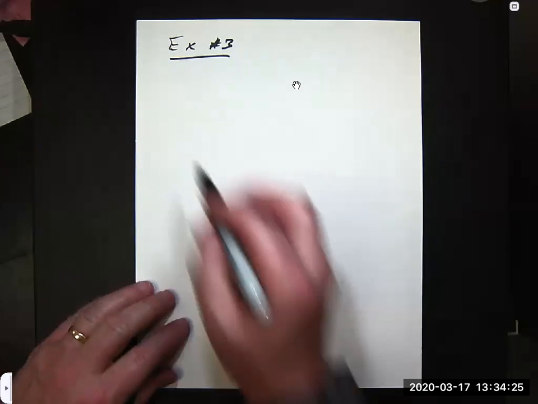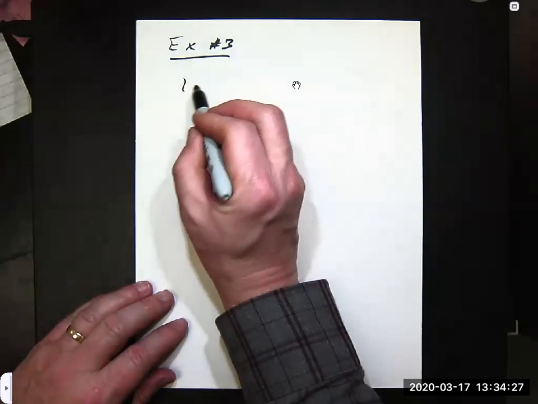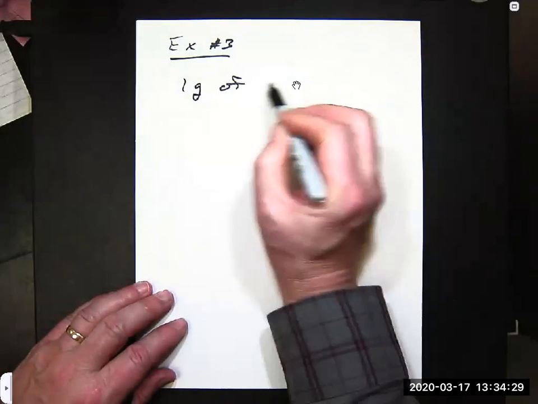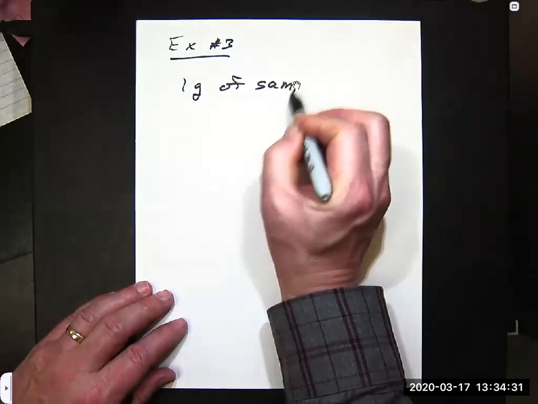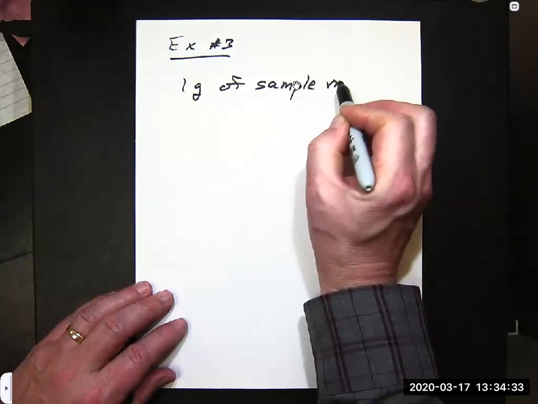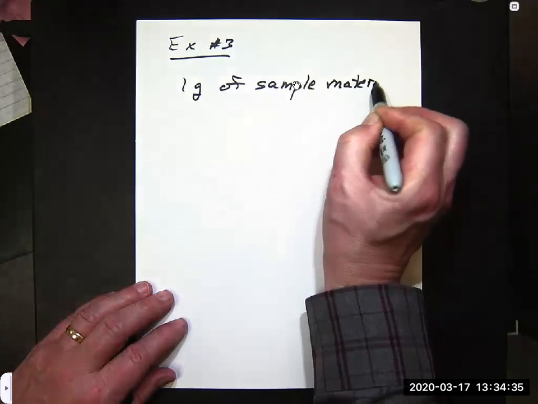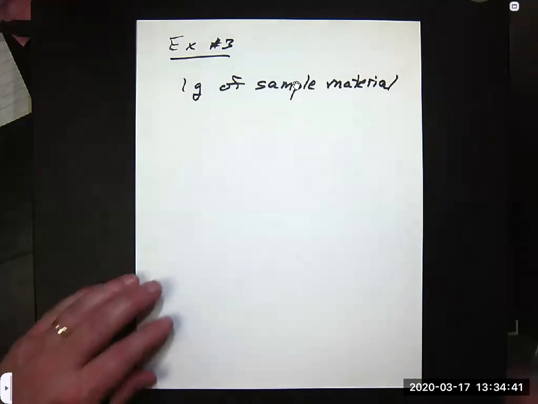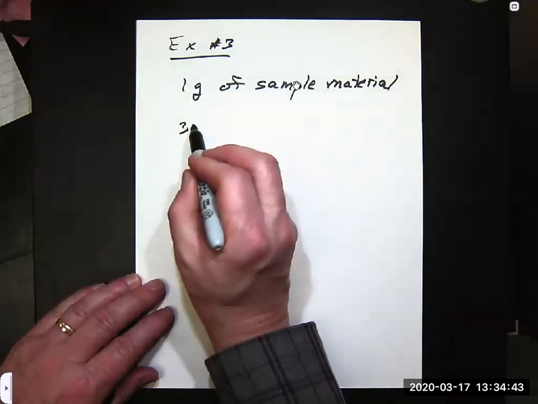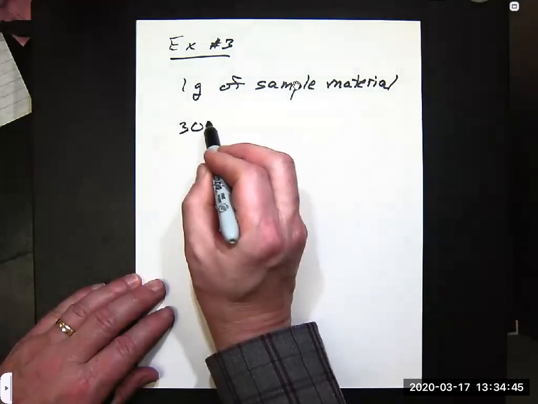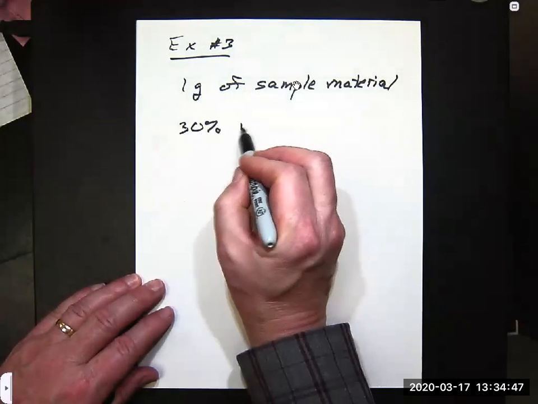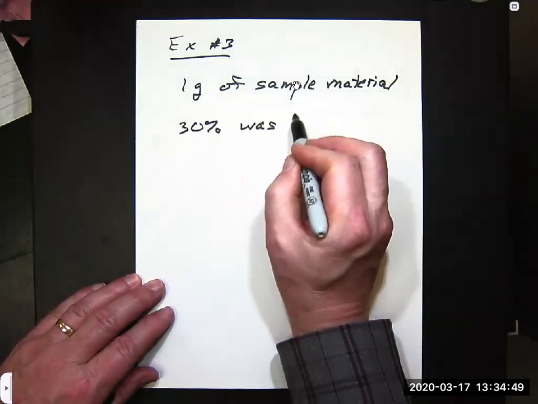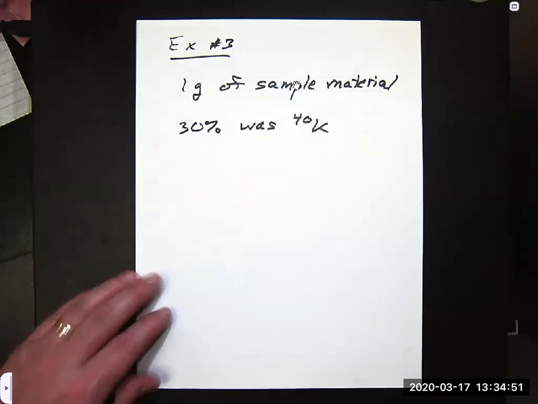Now, suppose we have 1 gram of sample material. Doesn't matter how we got it, but we have the sample and it has a mix of the potassium and argon. We're still working with those. Imagine that at this time, today, or whenever it was analyzed, 30% is potassium.